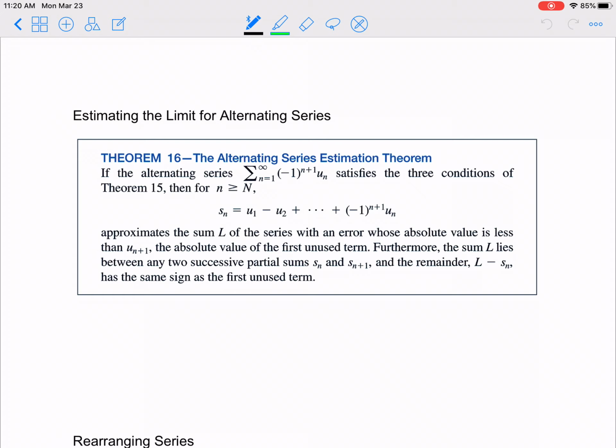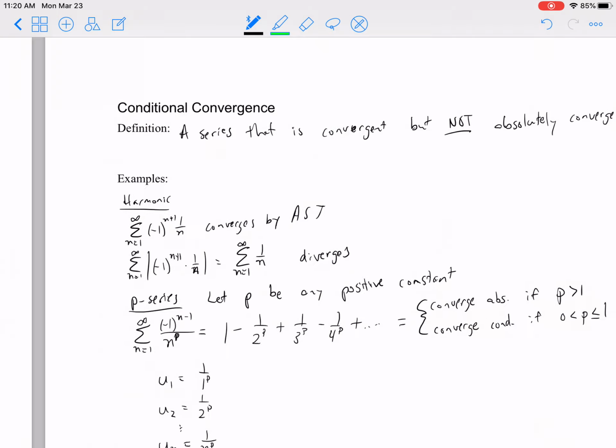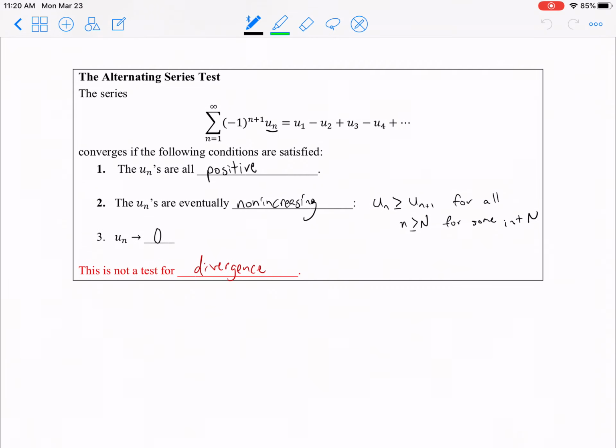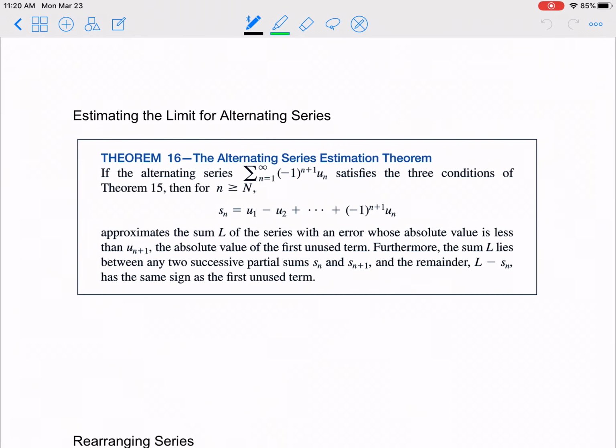If the alternating series sum from n equals 1 to infinity of (-1)^(n+1) times un satisfies the three conditions of theorem 15, so that was right here, basically we need our three conditions, then for n greater than or equal to some N, our partial sum Sn, which is u1 minus u2 plus so on and so forth, approximates the sum L of the series with an error whose absolute value is less than u(n+1), which is the absolute value of the first unused term.